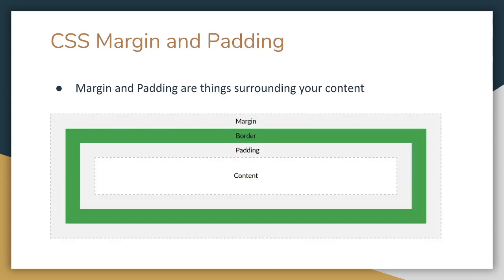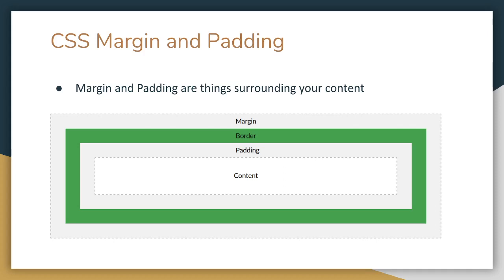So margin and padding. So margin and padding are basically the things surrounding your content. Padding is within the border. So if you're ever thinking of having the background for a certain size, you might also want to consider padding as part of it.